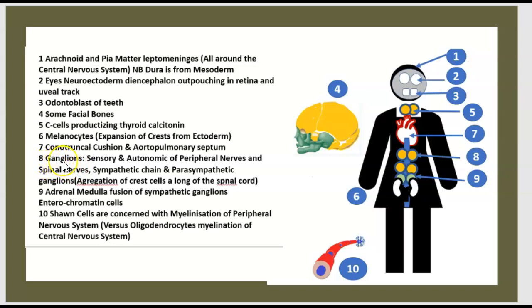Number 8, sensory and autonomic ganglia of peripheral nerve and spinal nerve, sympathetic chain and parasympathetic ganglion. Number 9, adrenal medulla, fusion of sympathetic ganglia, enterochromaffin cells.